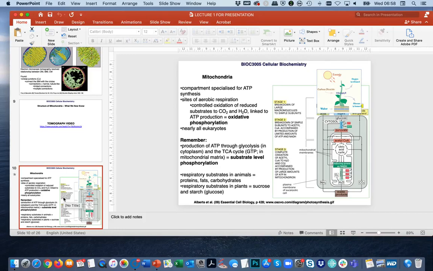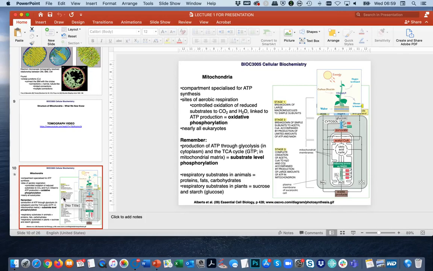Aerobic respiration, the definition of that process, is the controlled oxidation of reduced substrates to carbon dioxide and water. In the case of mitochondria, this is linked to ATP production, and that whole process is known as oxidative phosphorylation. As I've said, most eukaryotes are able to carry out this process.